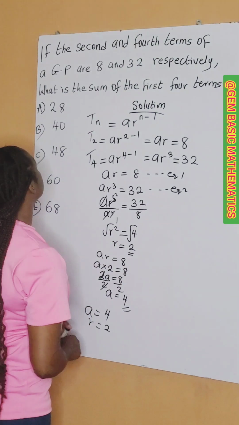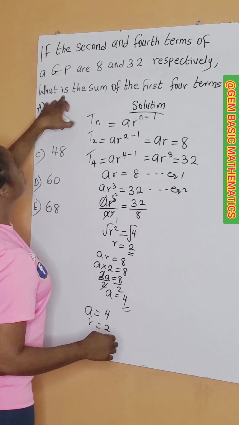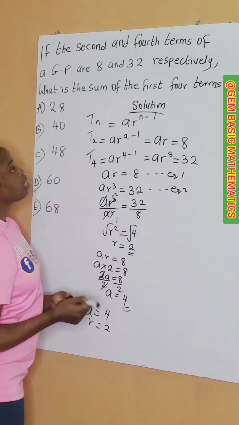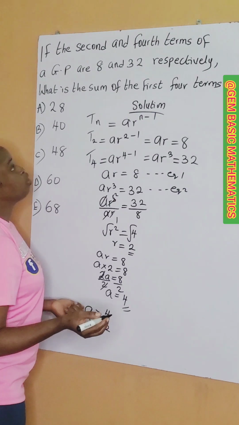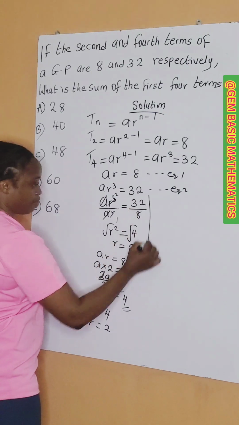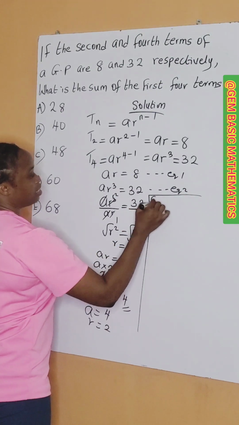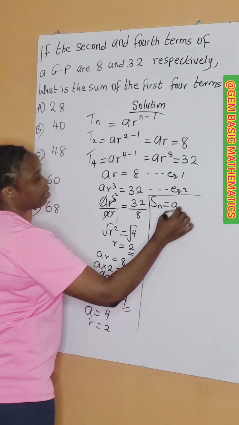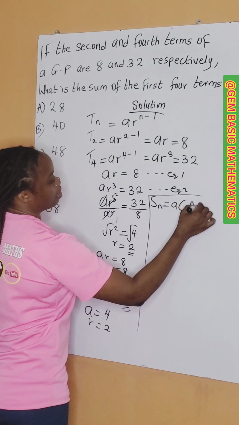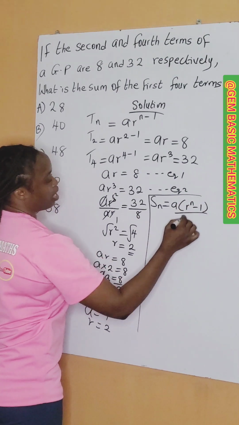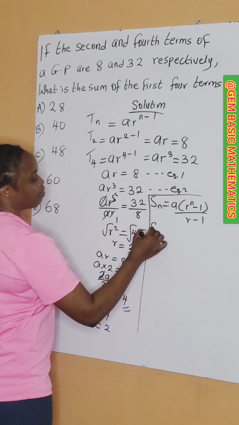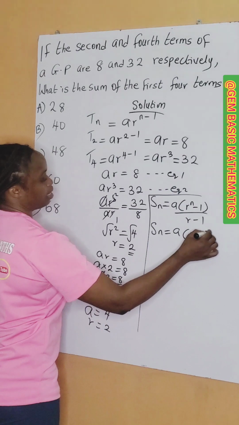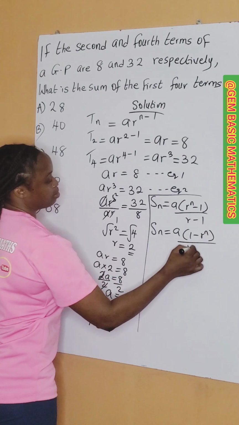The question says we should find the sum of the first four terms, and we know the formula for calculating the sum of a GP. We have Sn equals A(r^n minus 1) over r minus 1, and also Sn equals A(1 minus r^n) over 1 minus r.